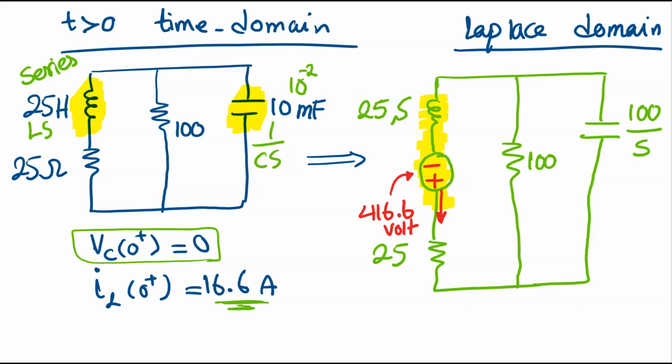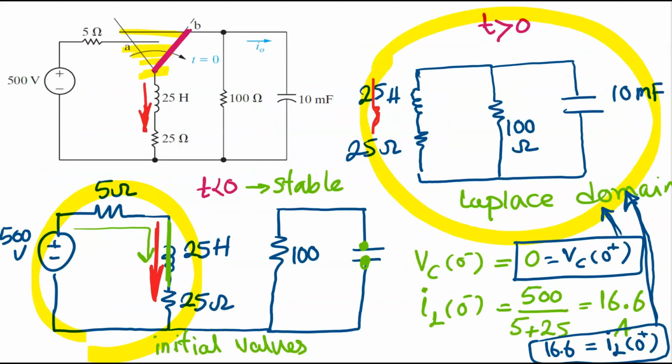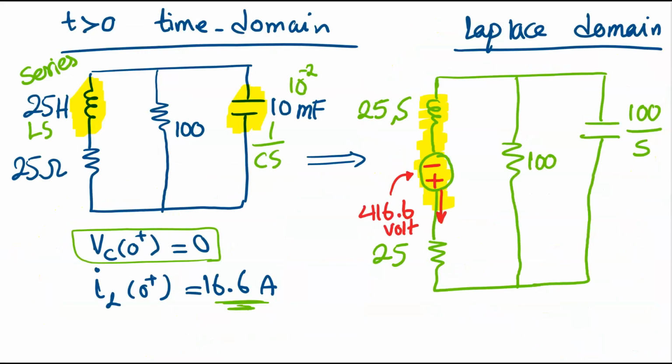So now I'm going to go to the next step, which is solving the Laplace domain circuit for whatever I was looking for. Let's go back to the original circuit and see what I'm looking for. What I'm looking for here is the current of the capacitor, which I'm calling IO. So I'm looking for this current, which is IO.